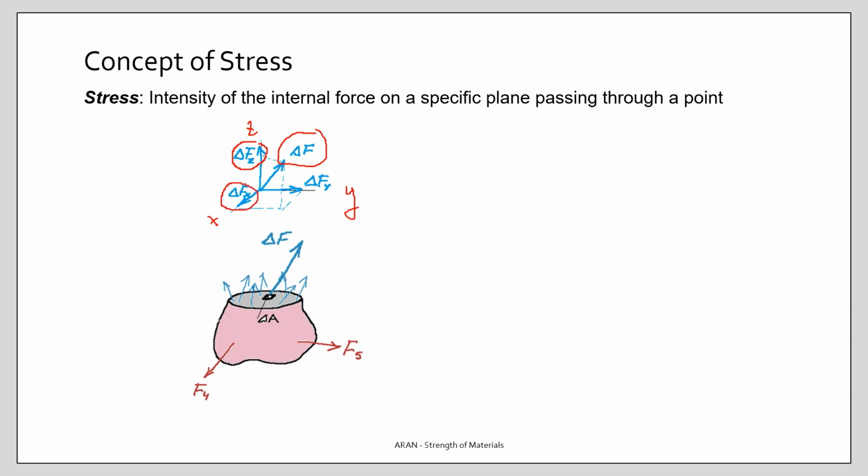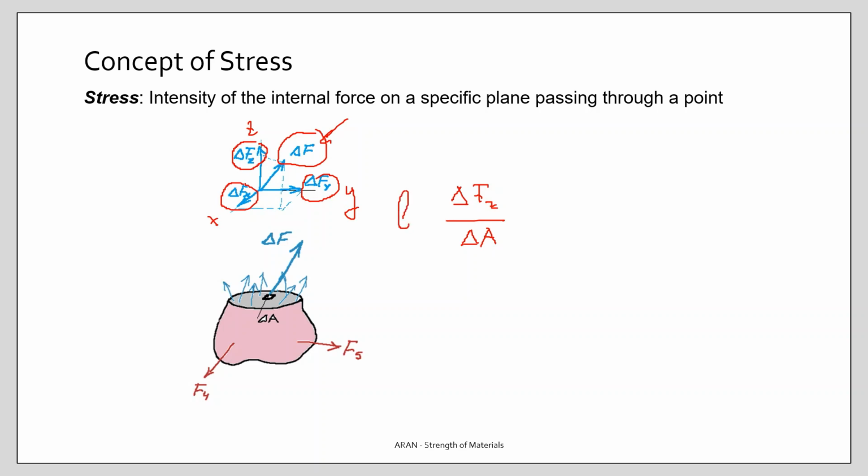Delta Fx and delta Fy are the shear components of delta F. Next, we can try to calculate the normal stress. We can take delta Fz divided by the area. That gives you the intensity of the normal force in this small area.